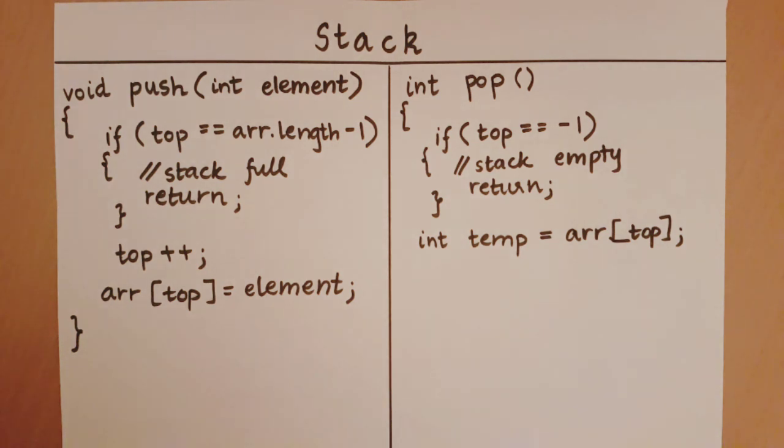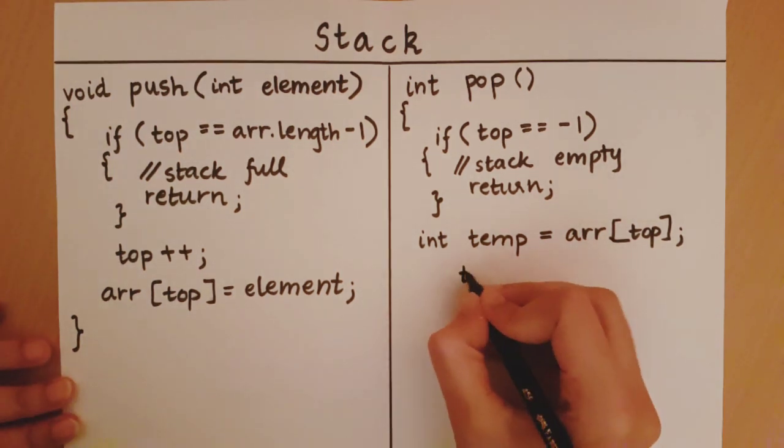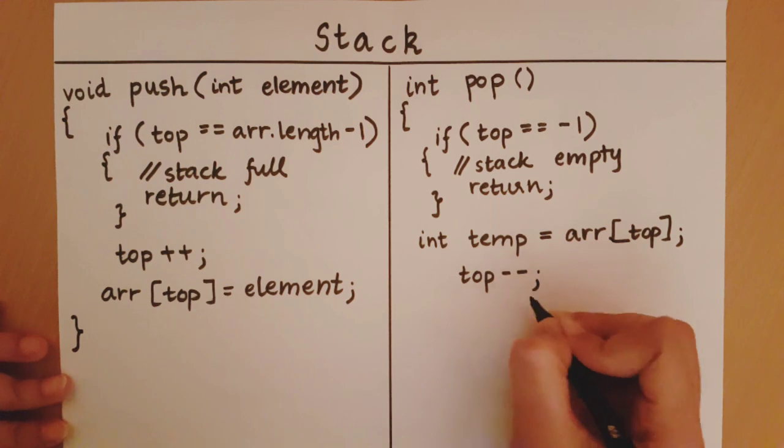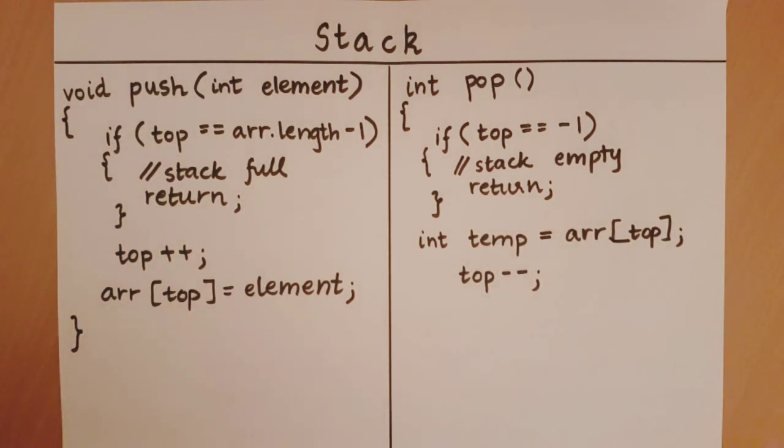Now that we have stored what we need to return to the user in the temporary variable called temp, we are going to decrement top by 1. When we decrement top by 1, we mean that the stack no longer keeps track of that topmost element. By decrementing the top by 1, this is essentially deleting the last element from the stack. Now, we have to return what we have deleted. We can do this by returning temp.